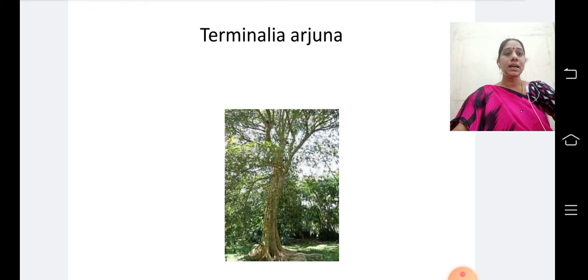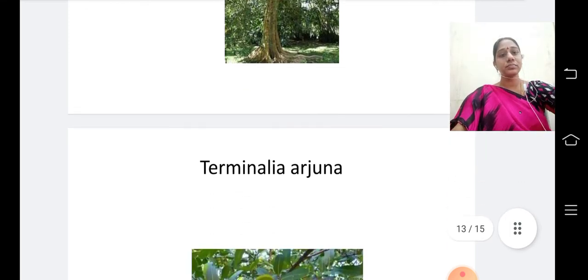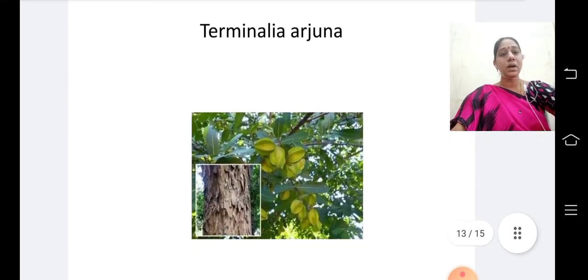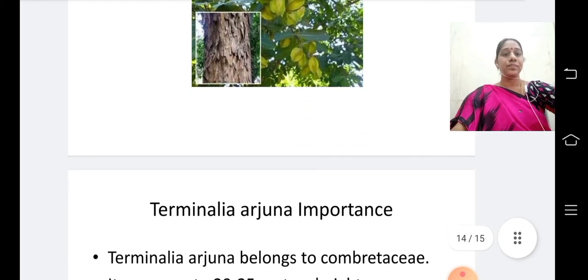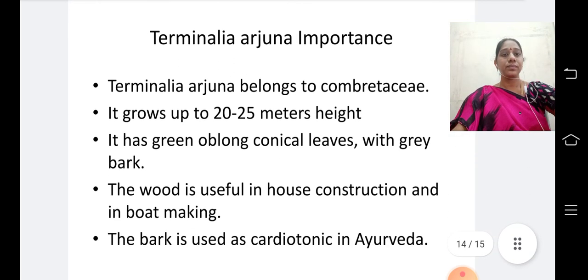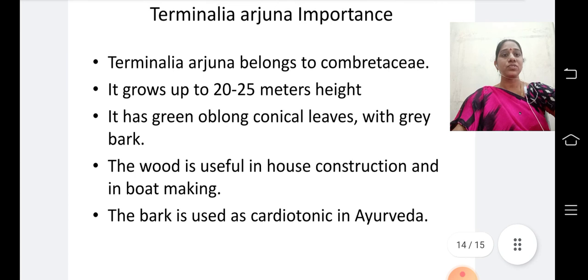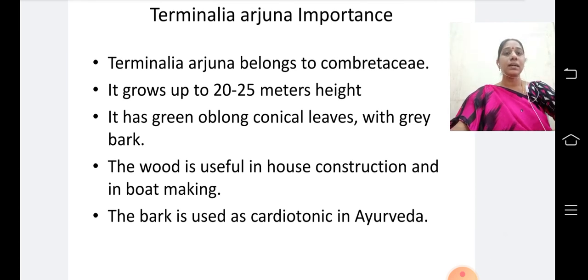It grows up to 35 meters in height. The morphology you can see like this. Leaves are opposite, flowers are sessile. It grows up to 20 to 25 meters in height. Leaves are oblong conical leaves.